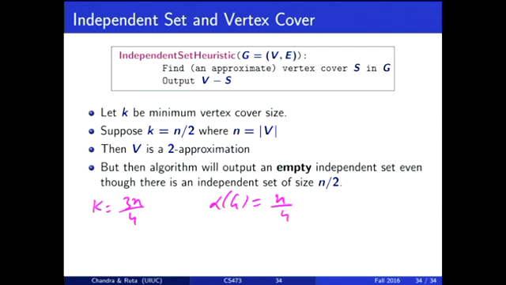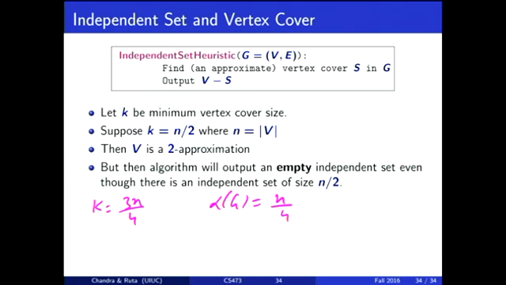But if you take the complement of that, I get nothing in the independent set. So that heuristic can give me the empty set for independent set, which is obviously not a good approximation because there is a huge independent set in the graph, of size n over 4, and I'm giving you nothing.